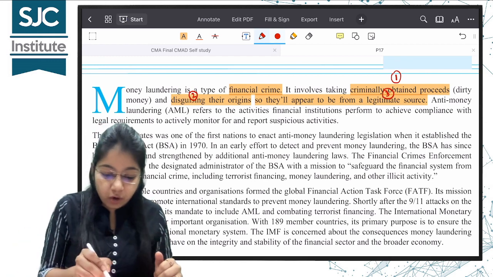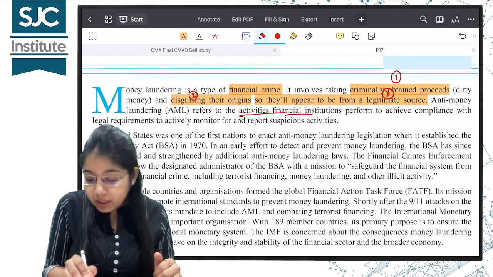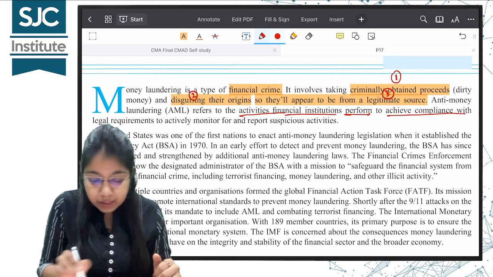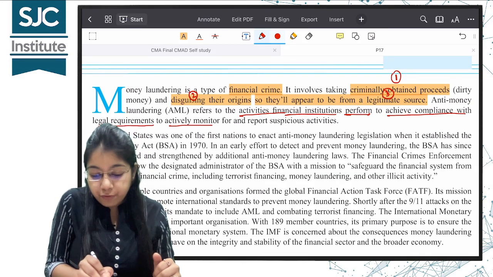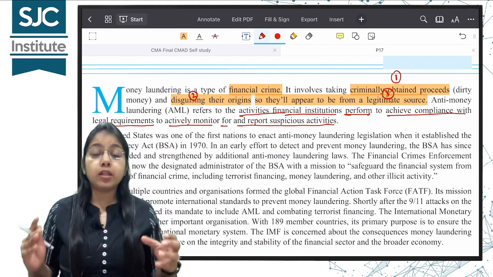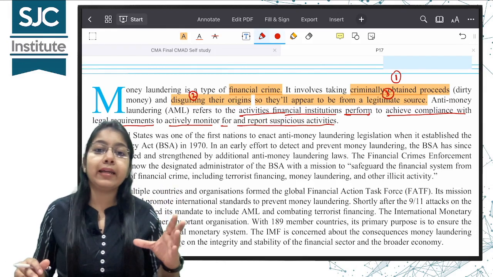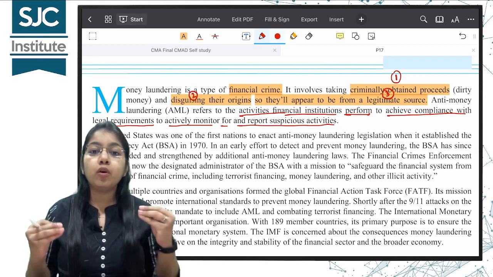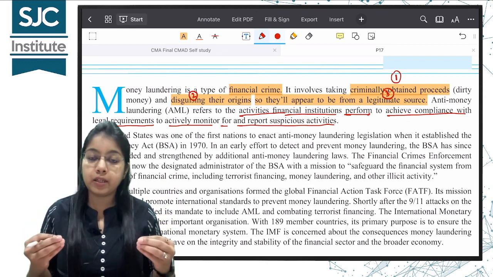So anti-money laundering refers to the activities which financial institutions perform to achieve compliance with the legal requirements to actively monitor for and report suspicious activities. So there are certain laws, like we'll be studying the PMLA, and also there are certain guidelines by SEBI and IRDA. So in order to comply with all these regulations, the financial institutions have to perform certain activities.